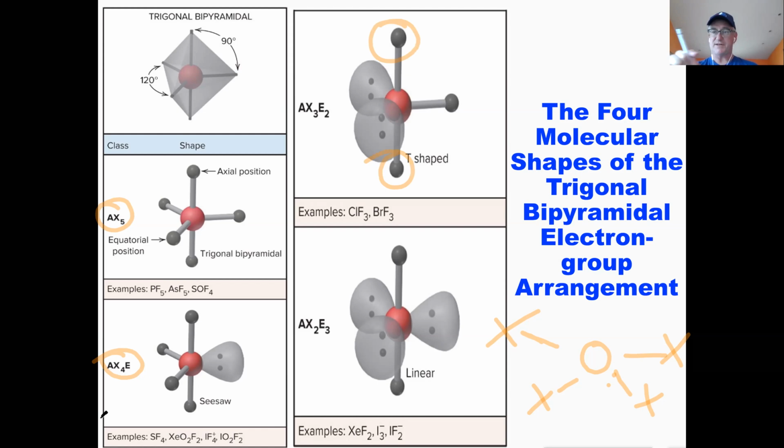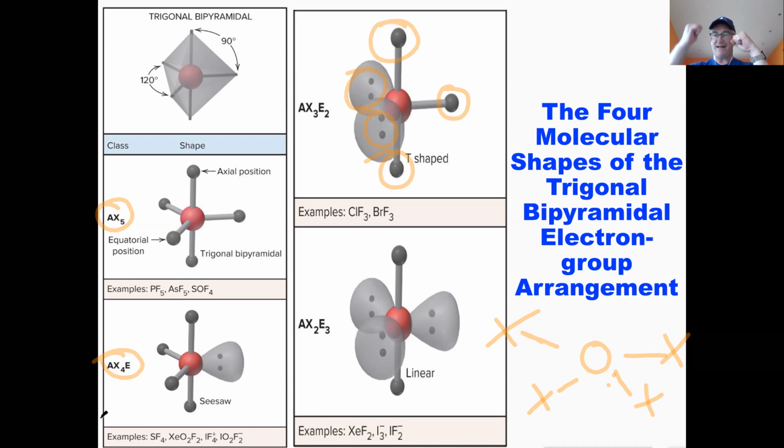And then you have three surrounding in the middle. That's the most stable way to have five atoms, to minimize the repulsions between them.